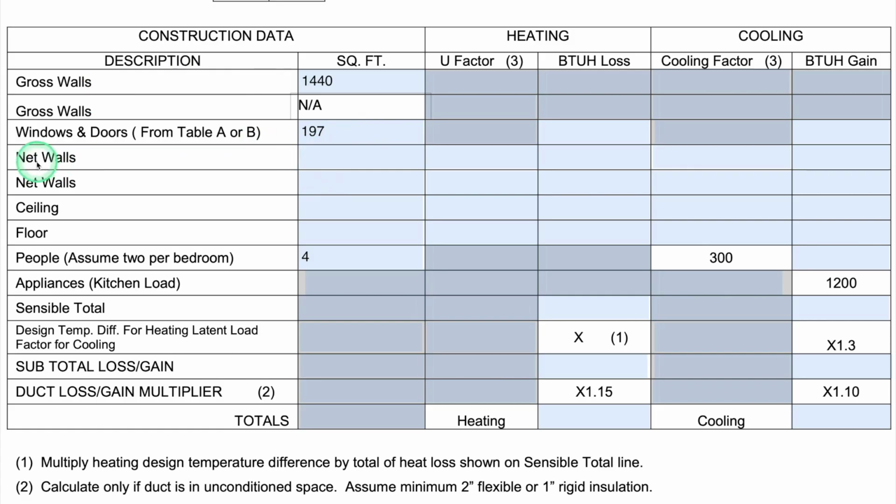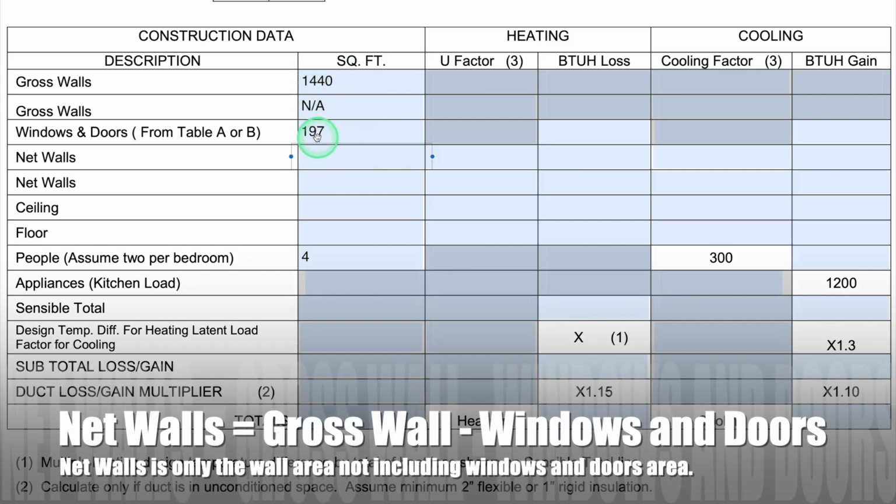And so how do you come up with the net walls? All right, so we already talked about the doors. Where do we get that from? We get that from table A or table B. So the windows will allow heat to enter and leave the home differently than the wall will. So to figure out net walls, all we have to do is subtract 197 square feet, so that's the window area, from 1,440 square feet.